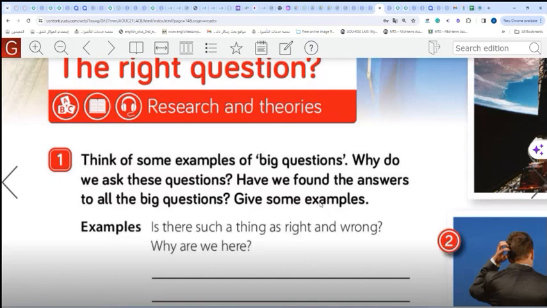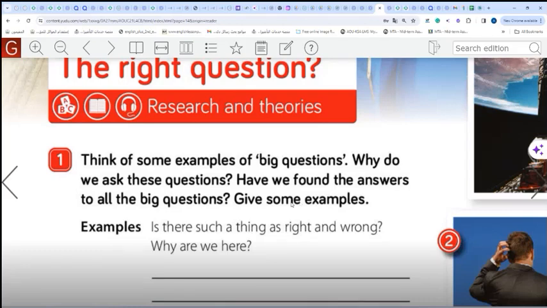Sometimes, yes. Sometimes, for some people, they don't know the answer of some of these questions. But as Muslims, of course, we know most of the answers to all these questions.